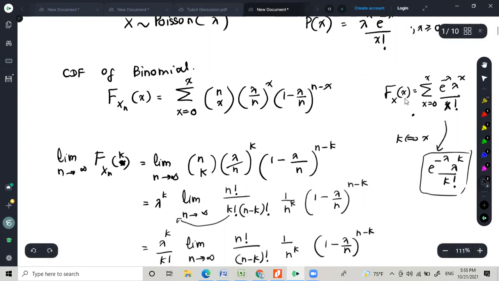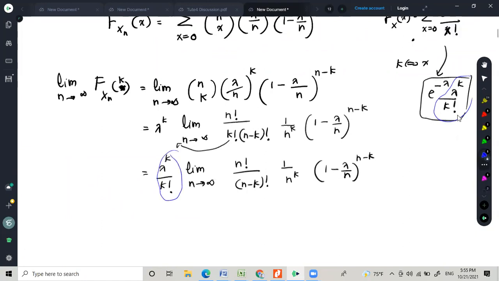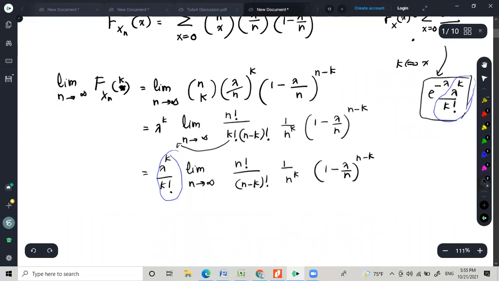Now, if you look at this limit, we already have lambda to the k and k factorial. See this part, we already have it. So that means we have to show that the rest is e to the negative lambda. If this limit goes to e to the negative lambda, then we are done, because we already have the rest of the answer. Let's see how we can find it.